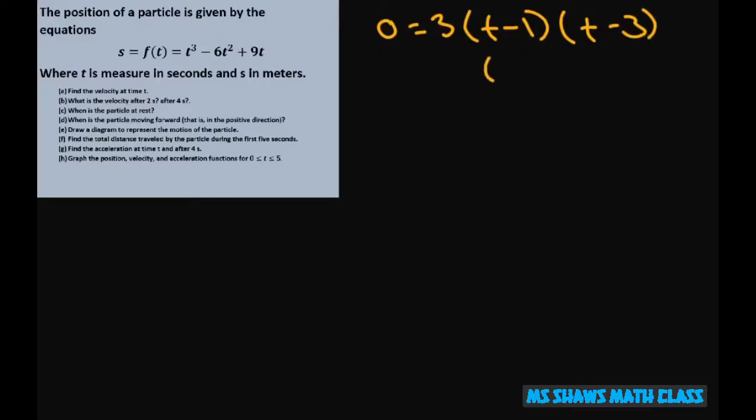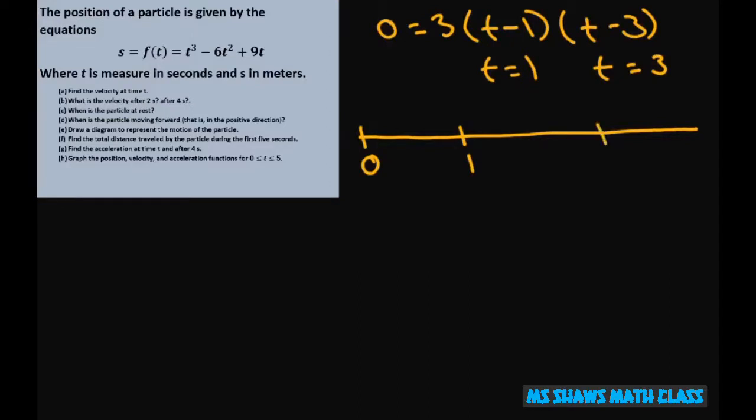So we had t equals 1 and t equals 3. Now we're going to draw a line diagram, starting at 0, with t as 1 and t as 3. What I want to know is where it is positive and negative.